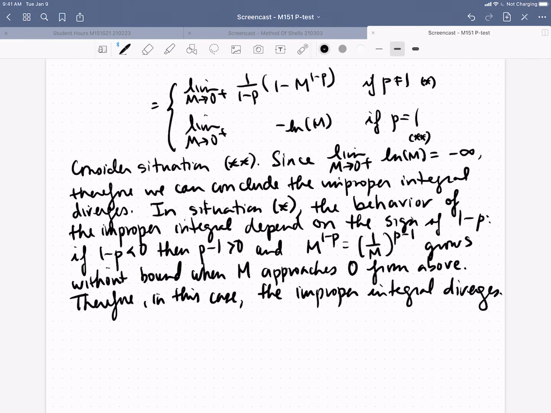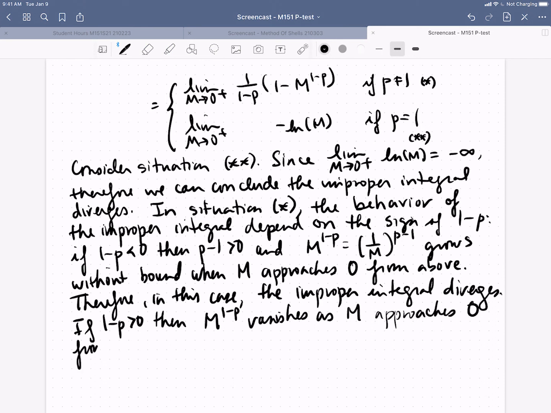Now in the remaining case, the case where 1 minus p is positive, what happens there? If 1 minus p is positive, then m to the 1 minus p vanishes as m approaches 0, again from above.